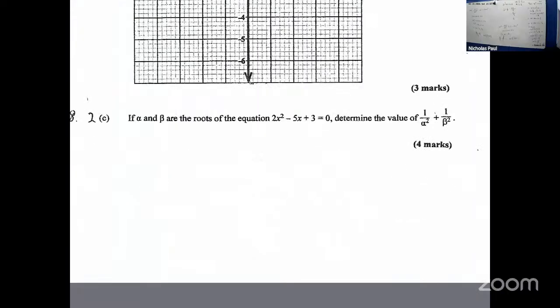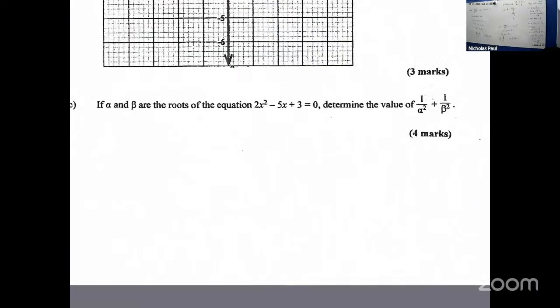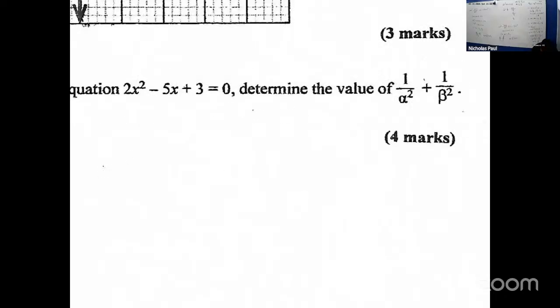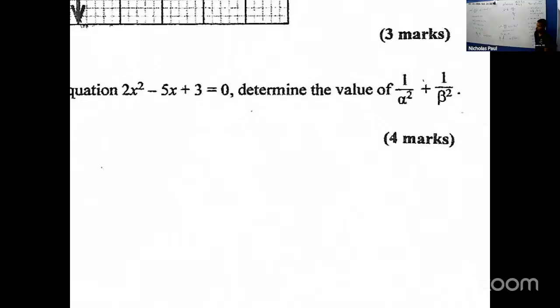Try this 2018 here. A little bit different, take your time. Try 2018. I'll just zoom in there, right? But that's all you need. They give you a quadratic and 1 on alpha squared plus 1 on beta squared.